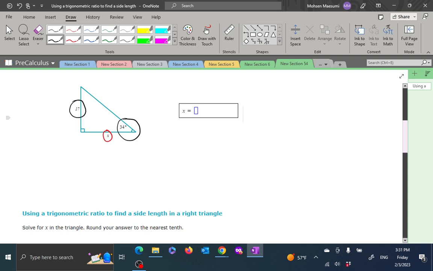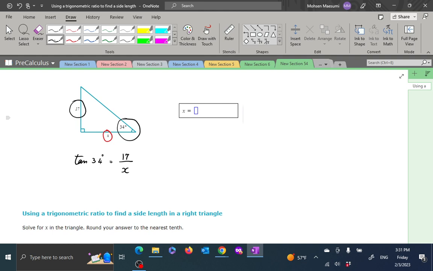What trig relationship connects these three things to each other? It is tangent, of course. Tangent of an angle, in this case 34 degrees, is equal to the ratio of opposite divided by adjacent.